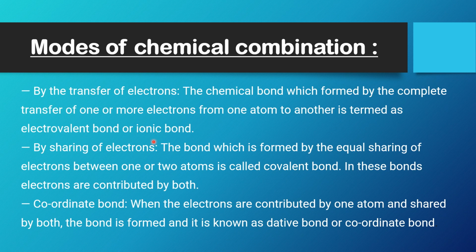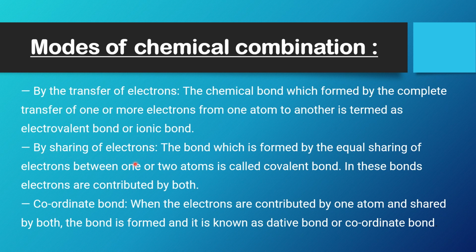Let us consider an atom A and an atom B. When one or more electrons from the valence shell of atom A are completely transferred to the valence shell of atom B, there will be a formation of an ionic bond or electrovalent bond.